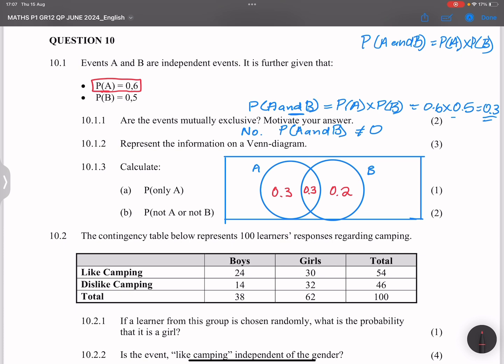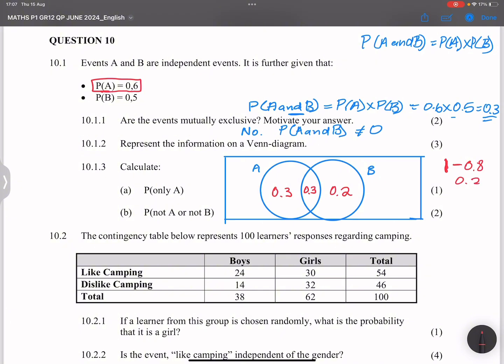Now, guys, I want you to please note: if I add all of these, they don't give me 1. So my sample space is not complete. 0.3 plus 0.3 gives me 0.6, plus another 0.2 gives me 0.8. So that's 1 minus 0.8, I still have another 0.2 that's missing.